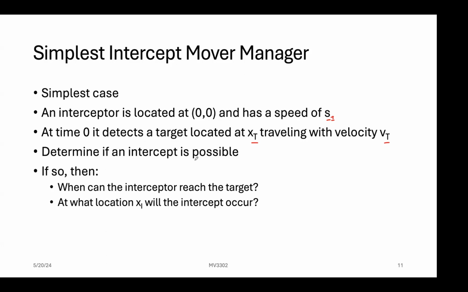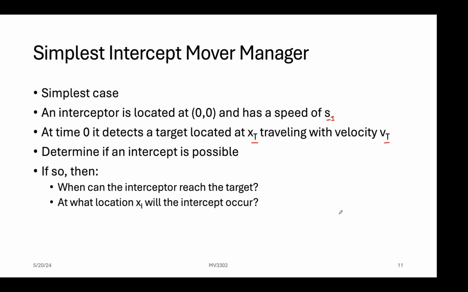So what do we need? Well, first we need to determine, can we? The thing might be going too fast, might be too far away, whatever. But if we can intercept it, then how can we figure out how? In other words, the two things we want to know are when can we reach the target, and where?